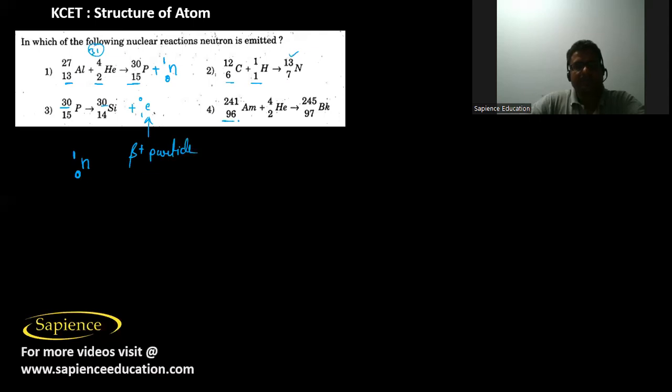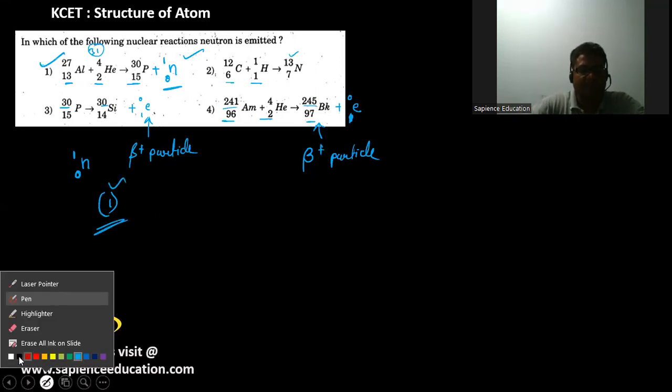And here 96 plus 2 is 98, but here 97, and 241 plus 4 is 245. So the number of nucleons is the same. So here also one positron should be emitted, e10, a beta plus particle. So neutron is emitted only in the first option. So option 1 is the correct answer.